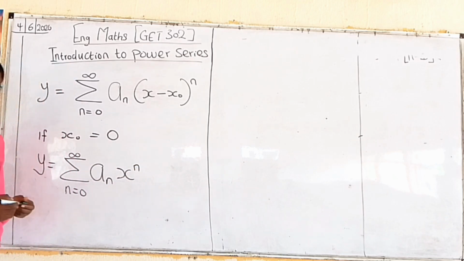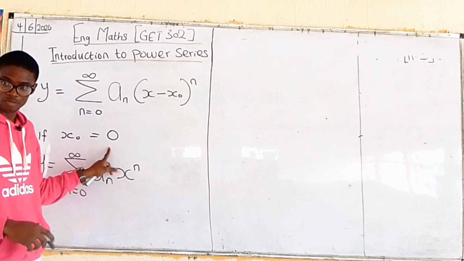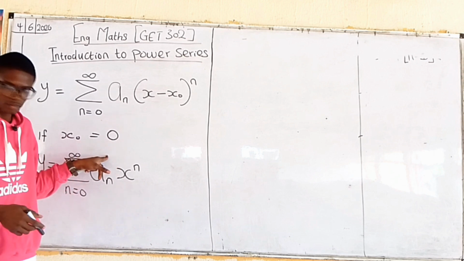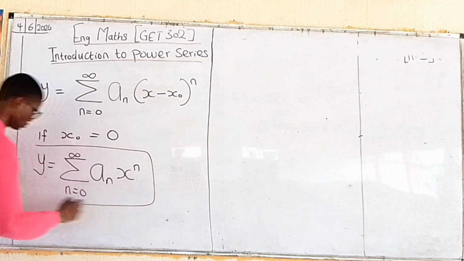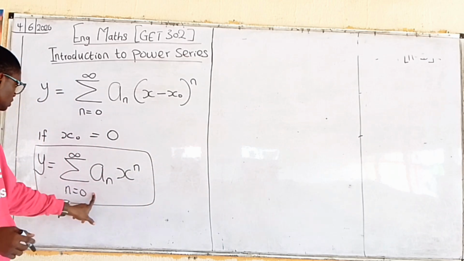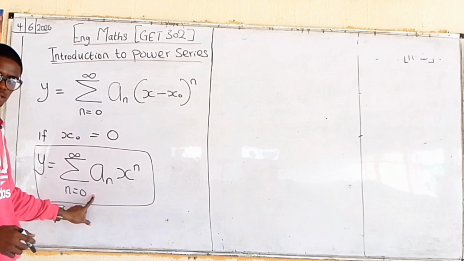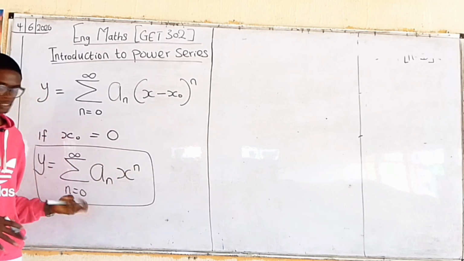This is what we result to. So usually this x naught is 0, just like the origin. So take note of this. Now we can expand this to have the expanded form of this power series.